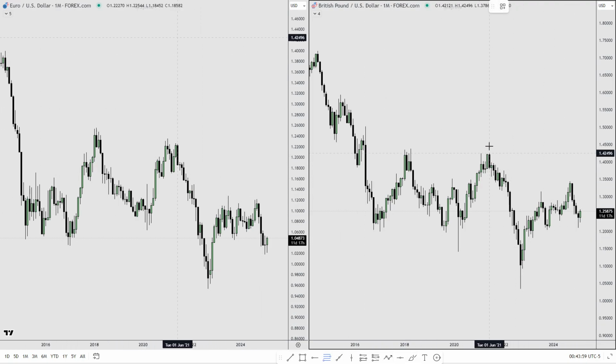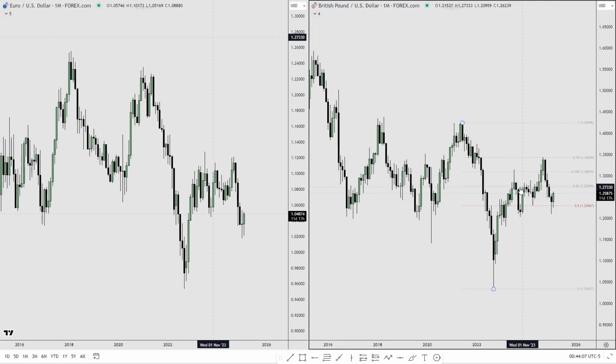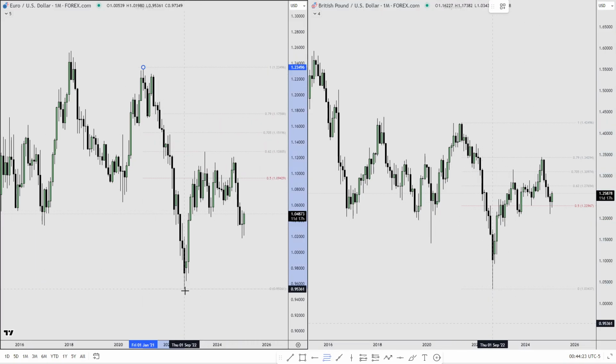If we do the dealing range from the high to the low, we are within OTE. I mean, price has traded into OTE. However, it has failed to displace below, even after taking out the stops right here. Okay, for British Pound USD, and for Euro, is this dealing range right here.